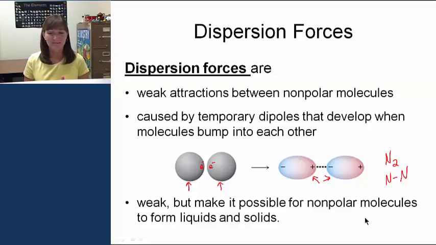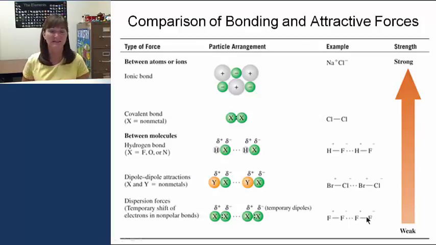And so 2 nitrogen molecules you might think are not going to be attracted to each other because neither of them are polar, but when they bump into each other, you get this induced dipole, which we call a dispersion force, and that makes them stick together. So because of that, you can cool down nitrogen, which is a gas, to a temperature where you can actually get those nitrogen molecules to start sticking together, and that's how you can get liquid nitrogen. You wouldn't be able to get a liquid or a solid if you couldn't get the atoms or molecules to want to stick together.